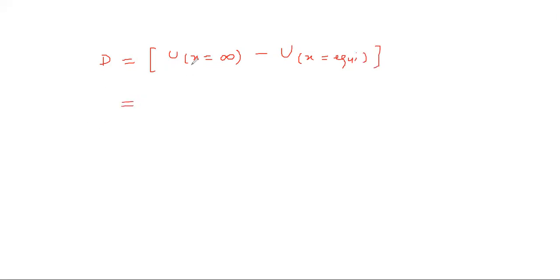U at infinity is 0 and U at equilibrium we have found minus B square divided by 4A. So it becomes B square divided by 4A, which is our answer. Thank you.